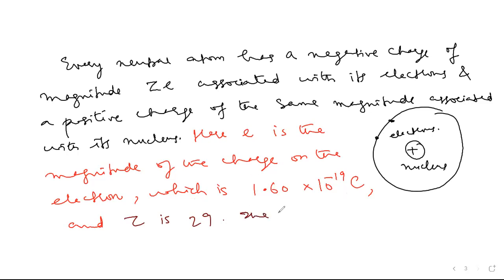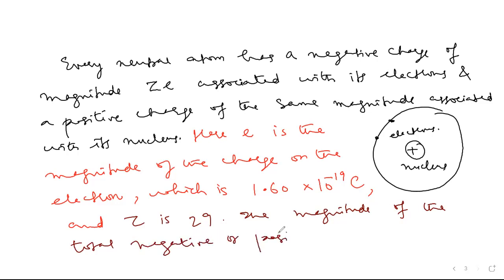Therefore, the magnitude of the total negative or positive charge in a penny is, then simply we have to multiply the number of atoms with Z and e.